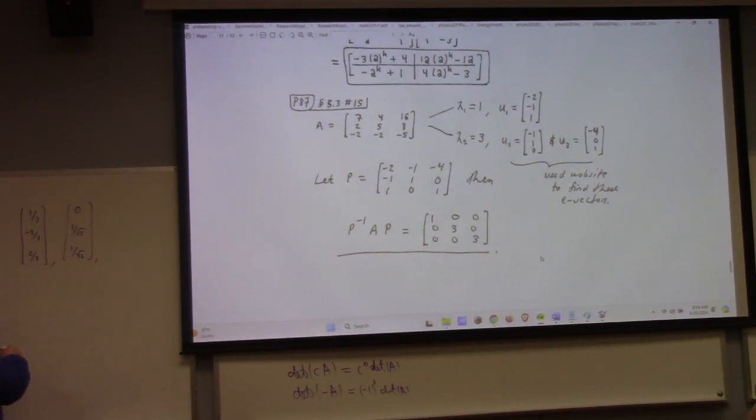That is perpendicular to that. They both have length 1, right? If I want to complete this to an orthonormal basis for R3, what does my third vector have to be? Do you know how to do that? Fill in the blank here.